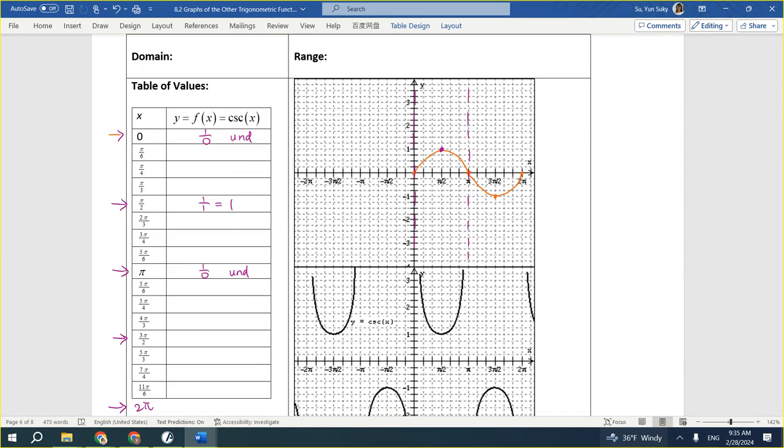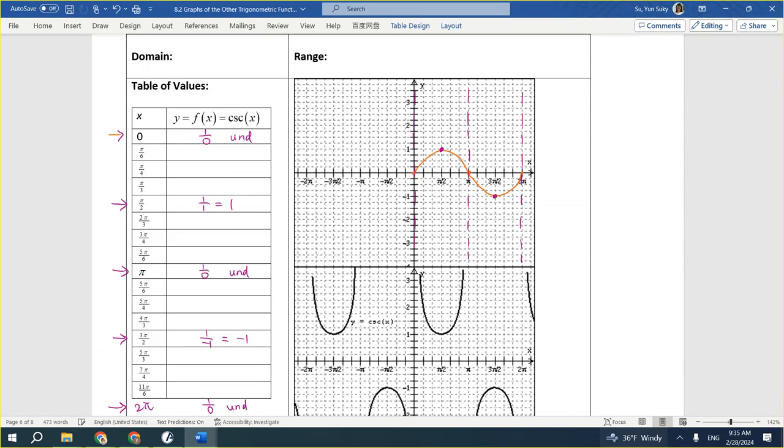How about 3 pi over 2? That is negative 1. 1 over negative 1 is negative 1. And then finally 2 pi, sine 0. 1 over 0 is undefined.